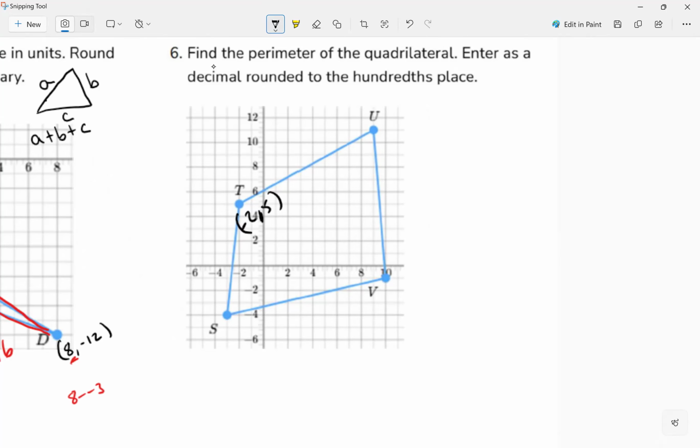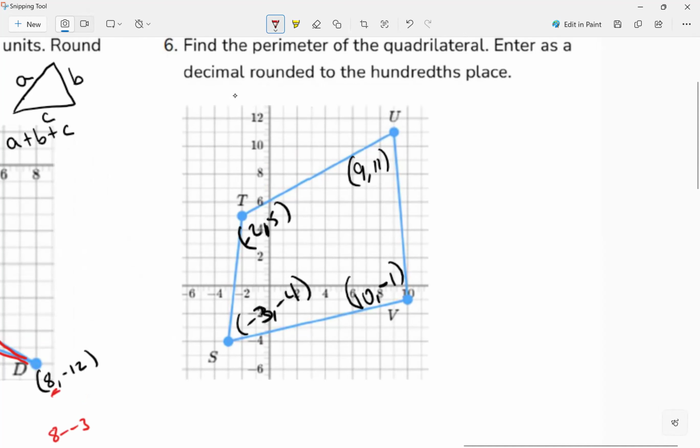My point U, the coordinates are 9, 11. My point V, the coordinates are 10, -1. My point S, the coordinates are -3, -4.